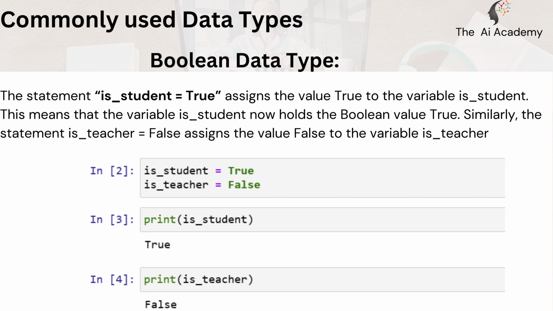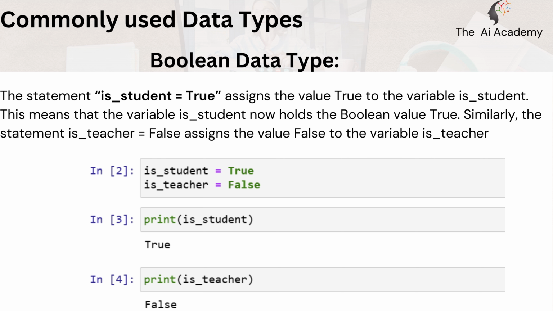Here's a more detailed explanation. The variable is_student is created if it didn't exist before and assigned the Boolean value True. This variable could represent a condition or state, such as whether a person is a student or not. If we were to print the value of the variable, it would output True.